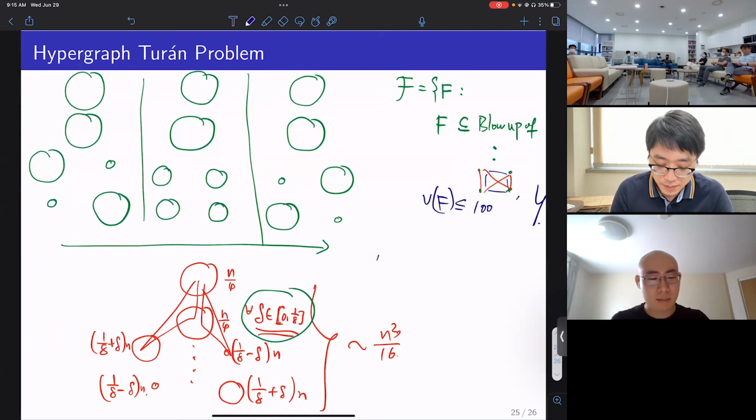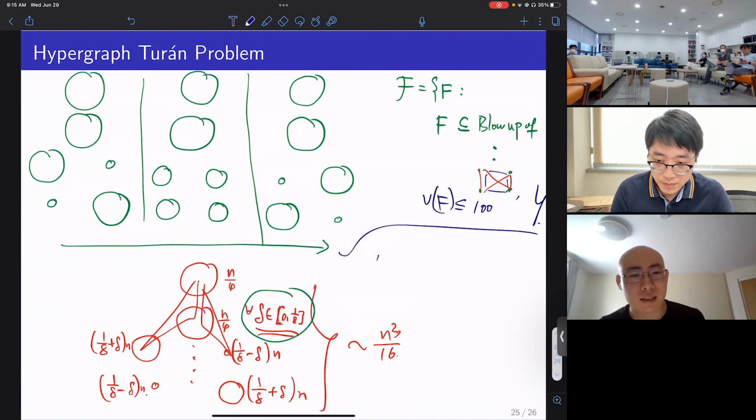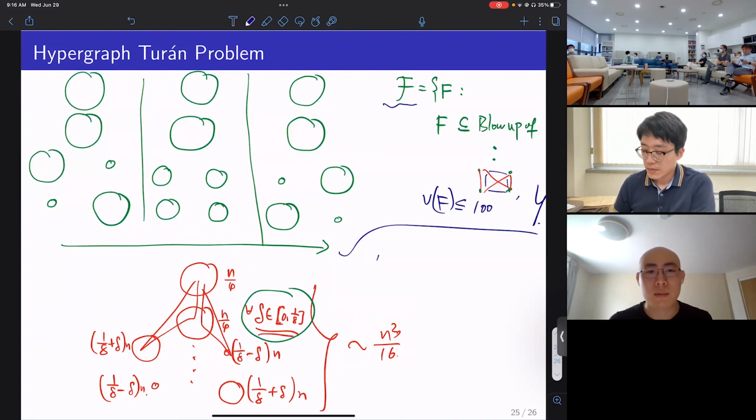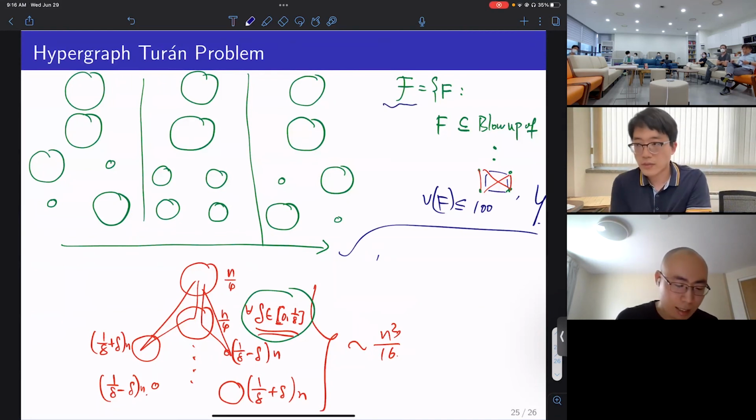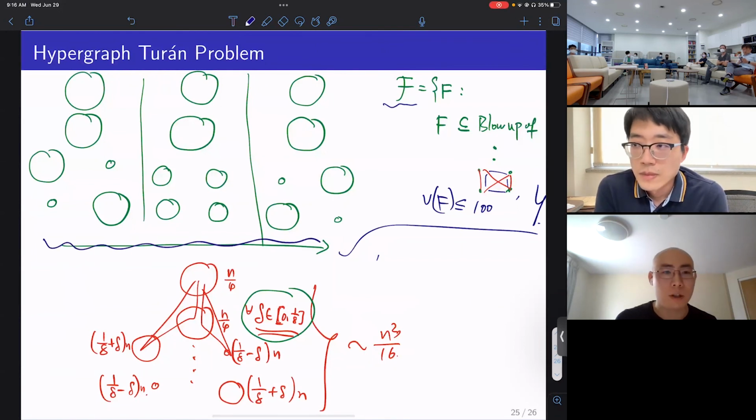Second step is to blow it up in different ways. And the third step is to define your forbidden family. And then you can do the trick in hypergraph Turán problems to prove that for this particular family, the extremal constructions are exactly this family.